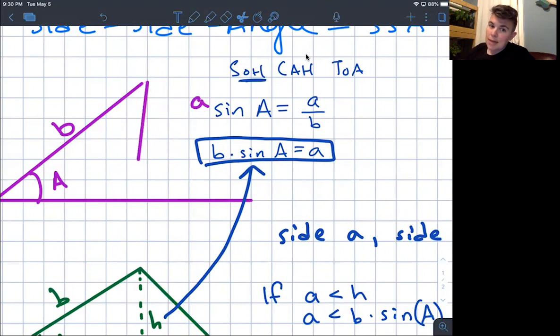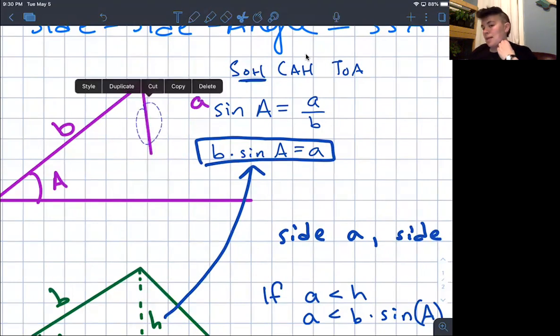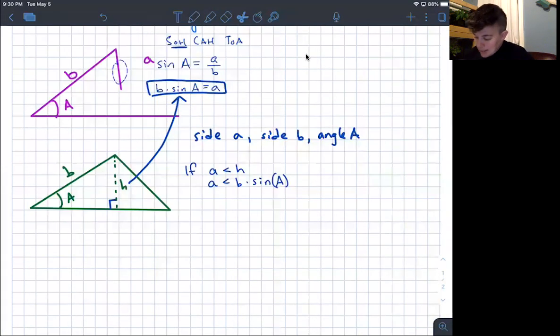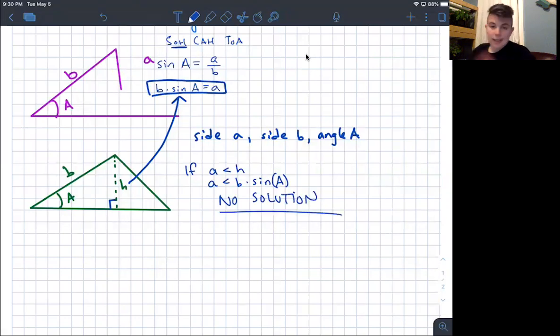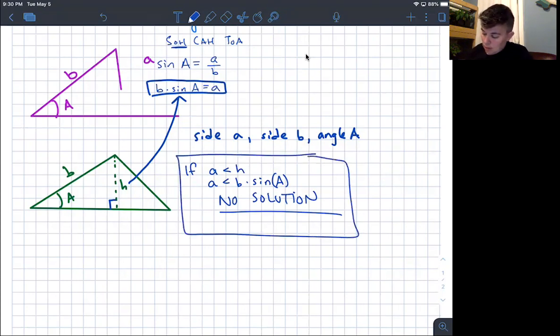I cannot make a triangle. So if side A is less than B times the sine of A, less than the height of that triangle, that means, friends, there is no solution. So that is situation number one.